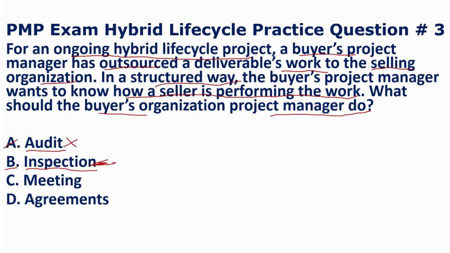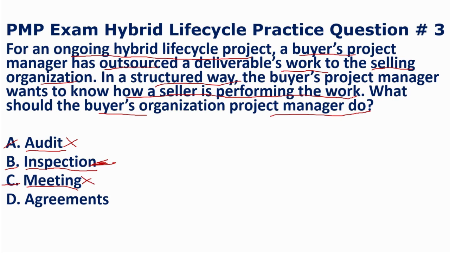Let's evaluate option C, which states that the project manager should perform the meeting with the seller to understand the work, and it is not the best option as during the meeting he will not be able to fully understand the deliverables' actual work. So this is not the best option for this situation.